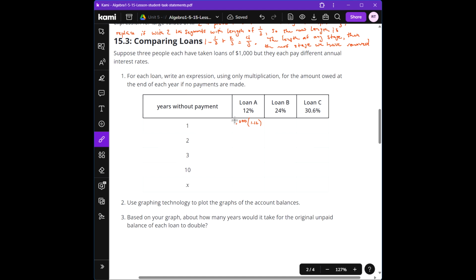Then remember we're going to just keep adding: 1,000 times 1.12 times 1.12. And then we're just going to keep adding the 1.12. Let me just go ahead and complete this table, and then we'll move on.